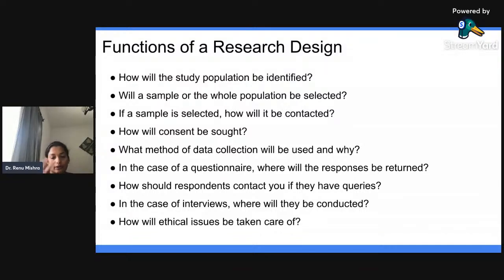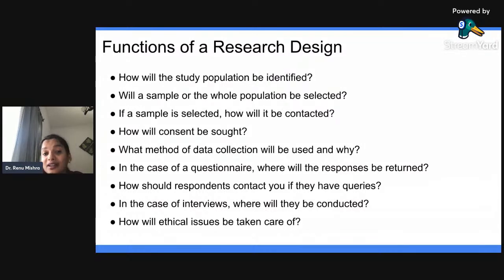In case you are conducting interviews, how will you make sure that they are unbiased? How will you make sure that you, being a researcher, are not influencing your respondents? Because even a slight influence reflected in the respondents' responses will create an influence in your research.